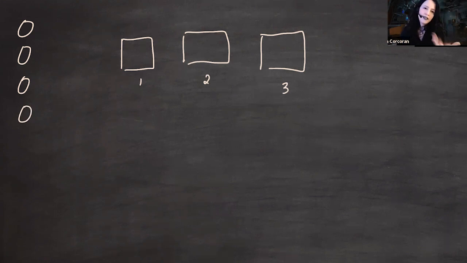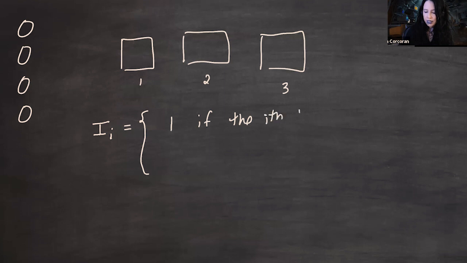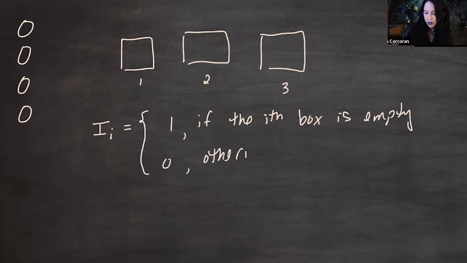And so I just wanted to say something about the indicator random variable. I put an indicator random variable into this problem, I sub i, and this is defined to be 1 if the ith box is empty and 0 otherwise. I don't know if that seems backwards to you because it's empty, and shouldn't that be the 0?